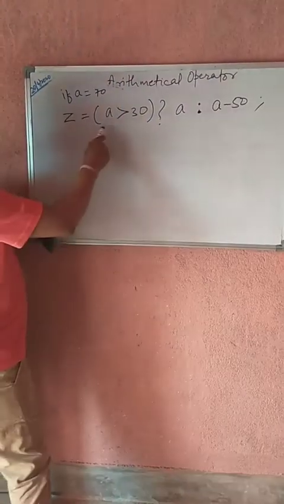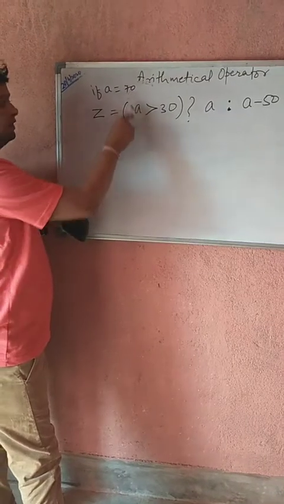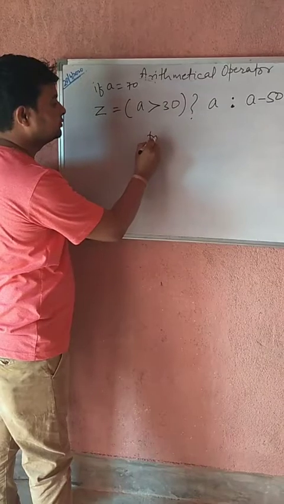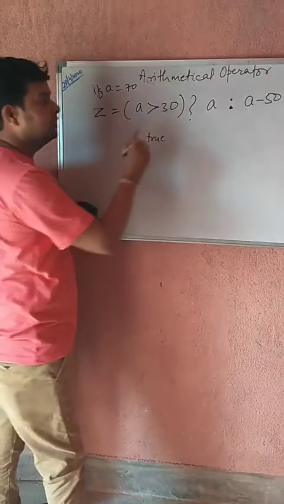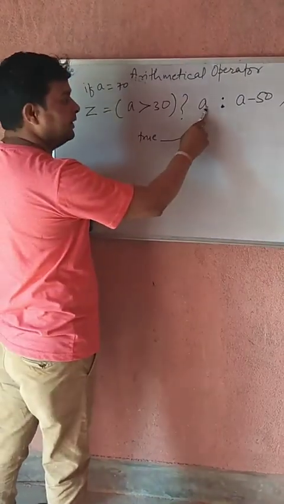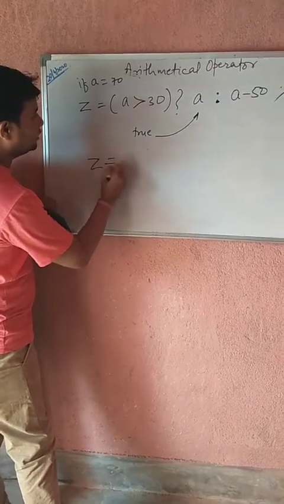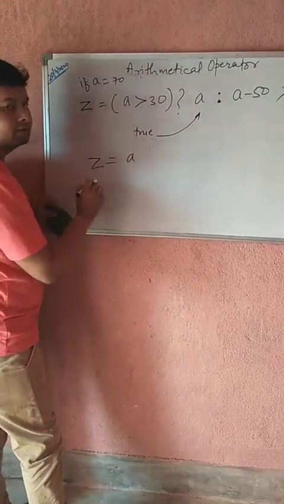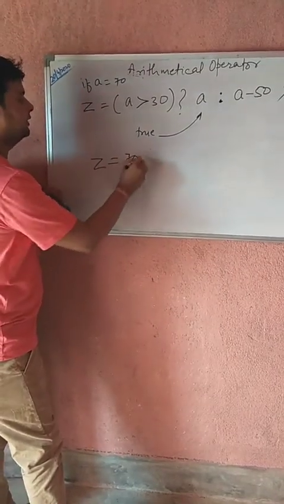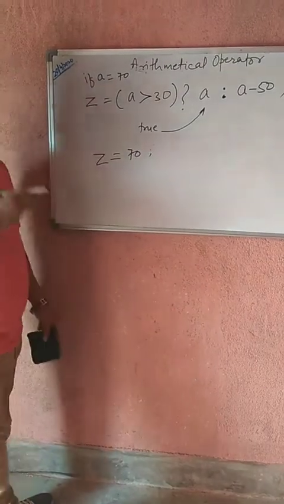Okay, now let's check. A is greater than 30. What is the value of A? 70. So 70 is greater than 30. True or false? This is true. True means which part will it execute? This part. What is the value of A? 70. So this Z will get A, A means 70. So what is the value of Z? 70.